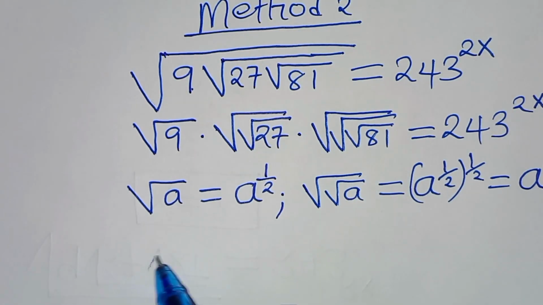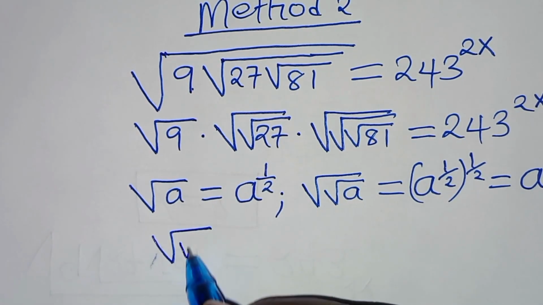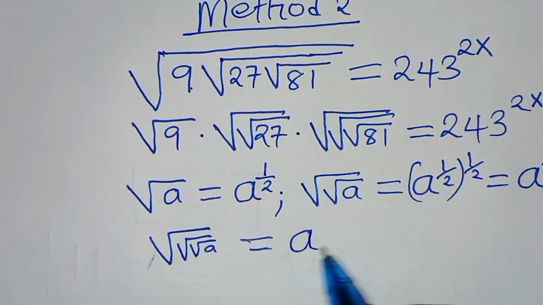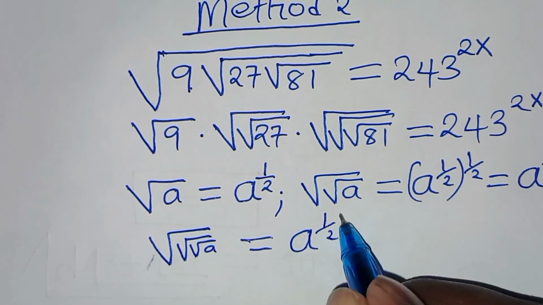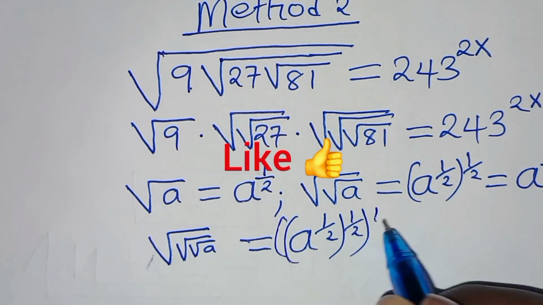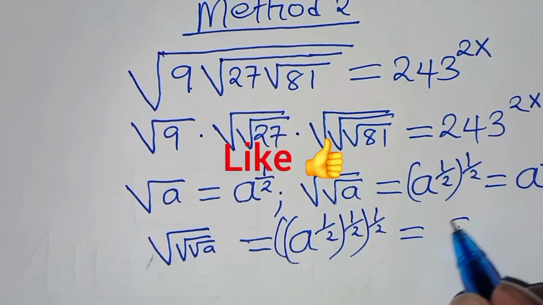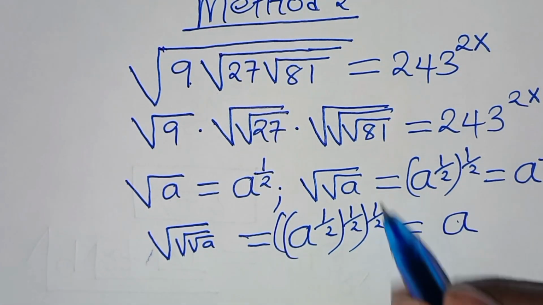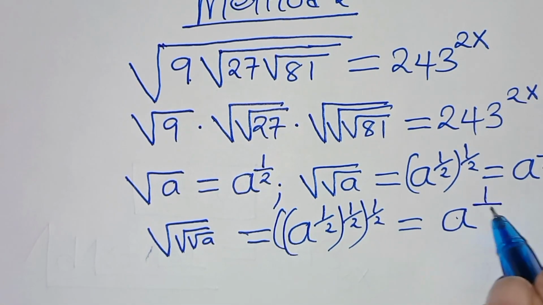Again here, if you have square root of a, this is the same thing as a raised to power half multiplying by half. So this implies that here we have a raised to power half times a half times a half. This is 1 over 8.